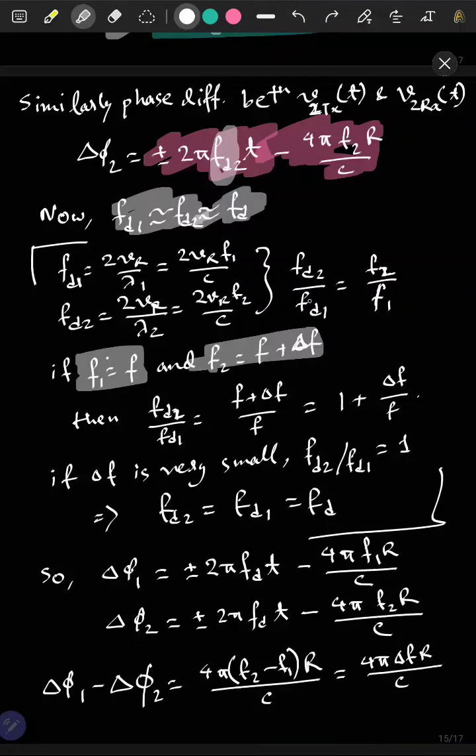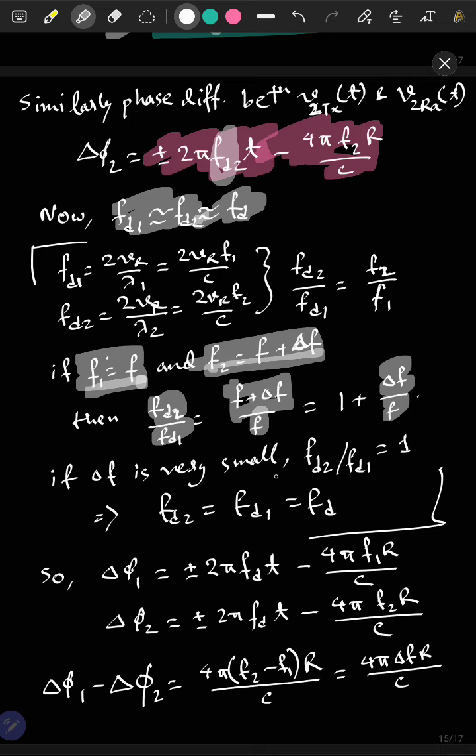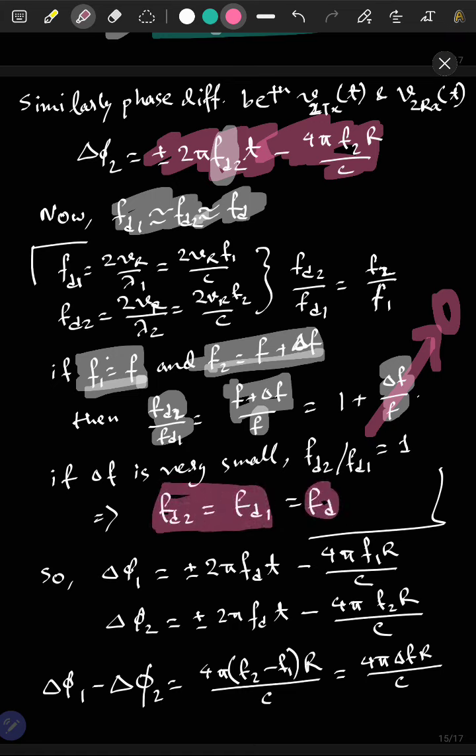If we express f1 as f and f2 as f plus delta f, where f2 minus f1 is delta f, then fd2 by fd1 is f plus delta f by f, which equals 1 plus delta f by f. But delta f is very small, so this term becomes almost 0. So fd2 by fd1 equals 1, or fd2 equals fd1, which we express simply as the common Doppler frequency fd.